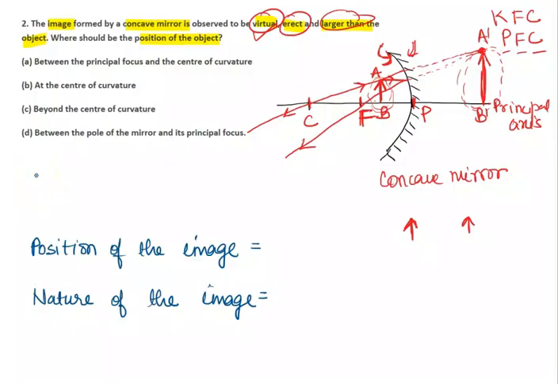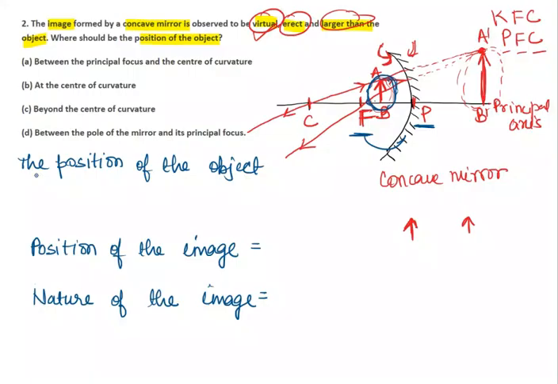So from this we can find the position of the object. This is the object. So what is the position of this object? It is between the focus and the pole.